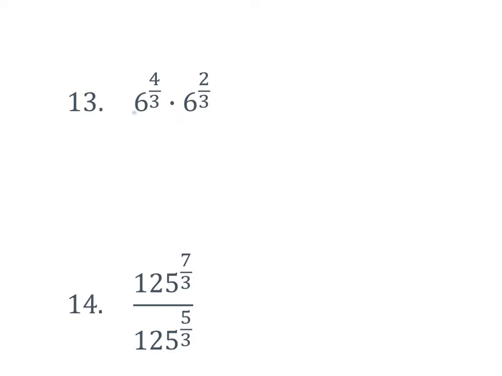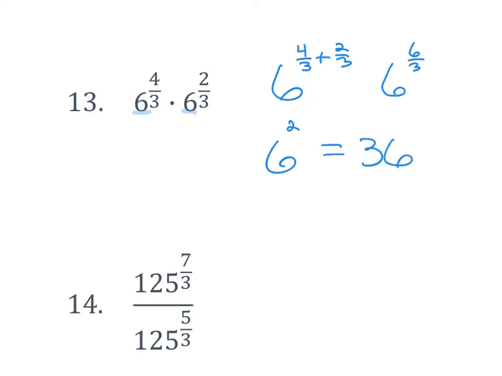Remember, when the bases are the same, we don't multiply the base, we keep the base the same and we add the exponents. So we're going to add 4/3 plus 2/3, and that's going to give us 6 to the 6/3 power. I can reduce 6/3 and make it 6 squared, which equals 36.